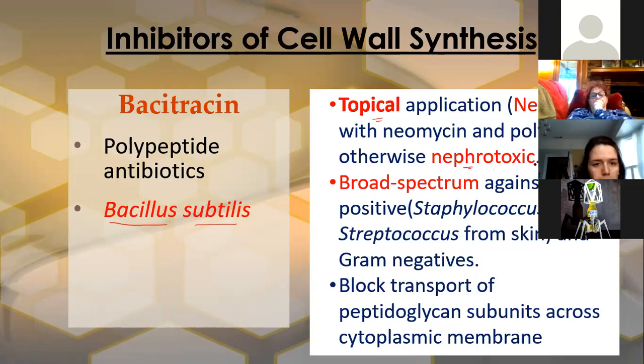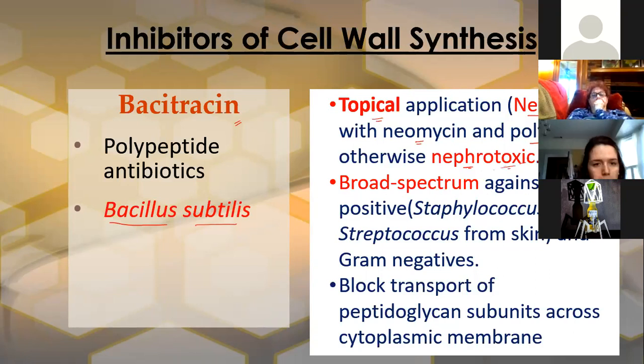So to decrease the effect of bacitracin, we add neomycin and polymyxin. Nowadays we make Neosporin with bacitracin, neomycin, and polymyxin. These three drugs together make Neosporin. By doing this, we are actually reducing the strong effects of bacitracin, so it's not nephrotoxic anymore.